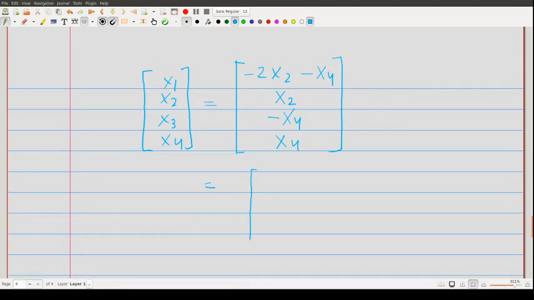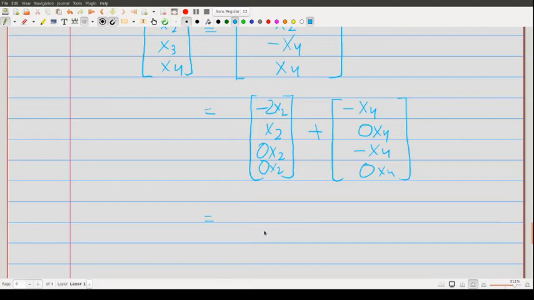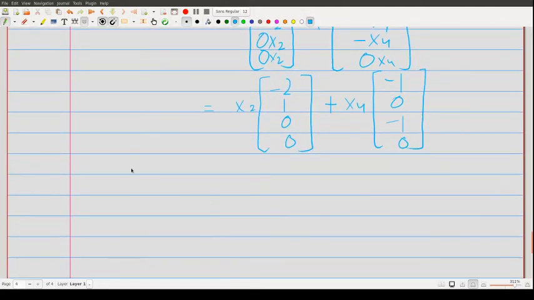Let's separate x2: this was minus 2x2, this one had x2, this one did not have an x2, 0 times x2, and this one did not have an x2 as well, plus another vector that contains the x4 terms: minus x4, 0 times x4, minus x4, and x4. And so these can be written as x2 times [-2, 1, 0, 0], plus x4 times [-1, 0, -1, 1]. And so this is your null space, right?